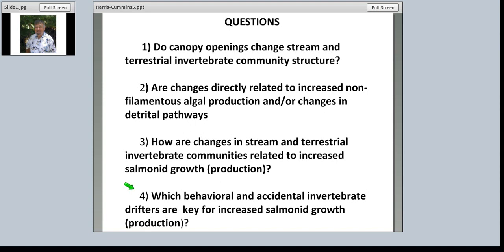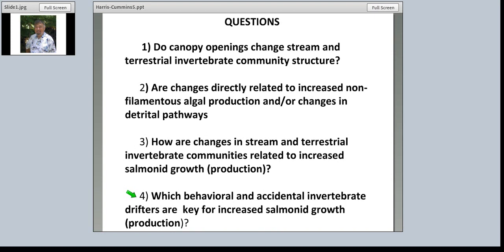The ones that seem to show up most regularly in the diets are the invertebrates that fall into a category we call behavioral drifters, as opposed to accidental drifters. The behavioral drifters exhibit a phenomenon of pulsed entry into the drift at dawn and dusk. The accidental drifters show no pattern of introduction. It's fairly random. It just depends on what physical characteristics of the stream may displace them at any time, not keyed to the diurnal cycle.